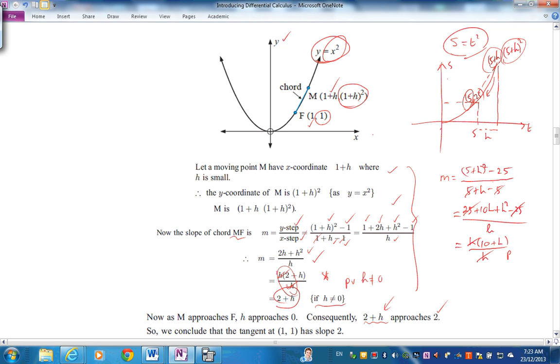That will cancel provided that h is not equal to 0. Now I want to put in a limit here. We want the slope of the tangent. Okay, that is a limiting value, the limit as h tends to 0 of this thing, 10 plus h.